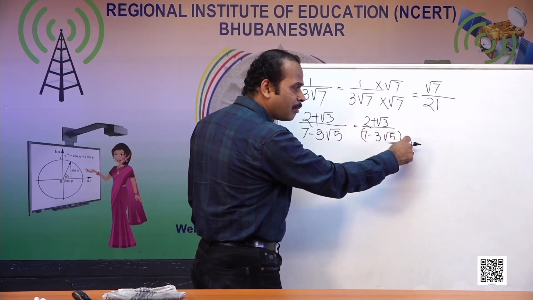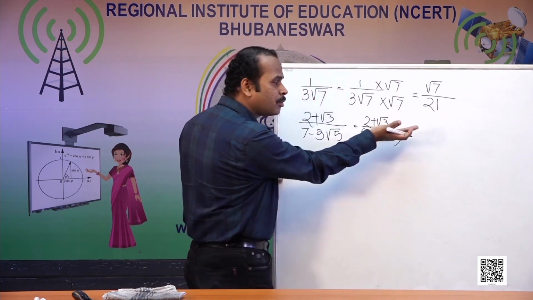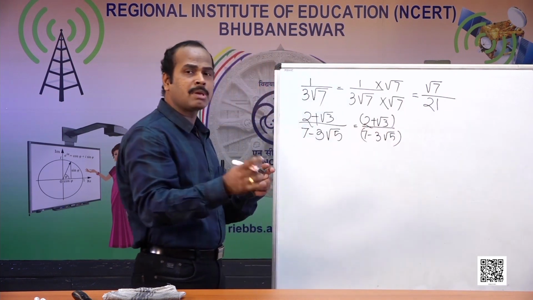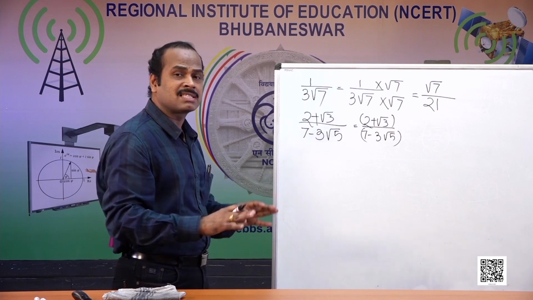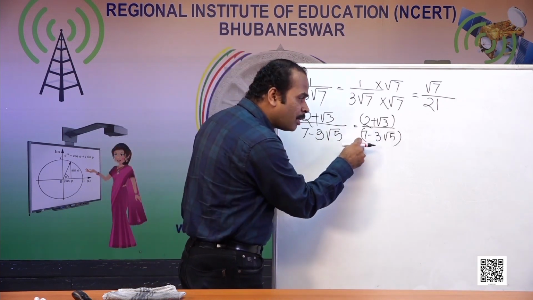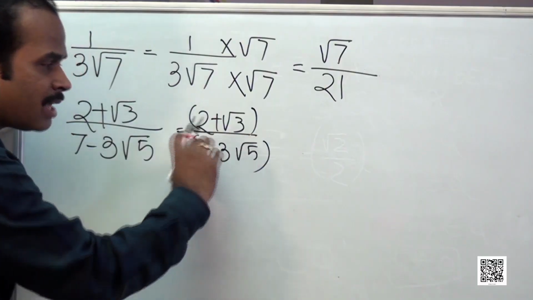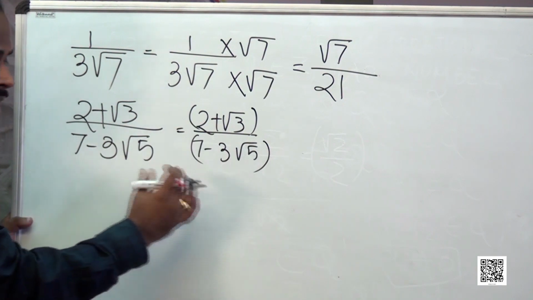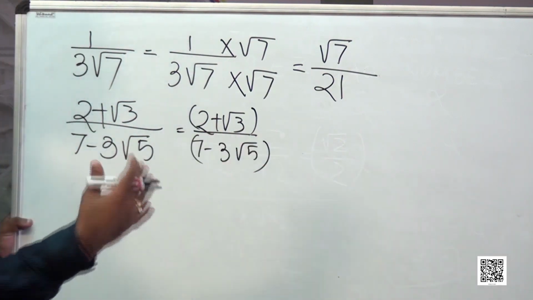If I multiply by 7 minus 3 root 5 again, I have to multiply 7 minus 3 root 5 in the numerator also. But 7 minus 3 root 5 into 7 minus 3 root 5 cannot make it rational. So I will choose something so that each individual term will be a square, so that the square root term will be eliminated.